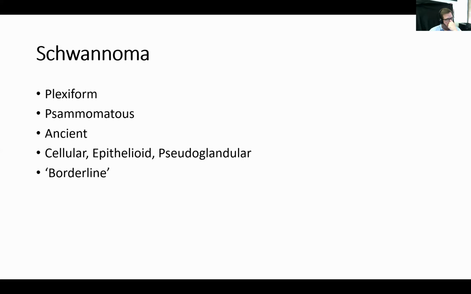So schwannoma, limbs of adults. The question is, does this have axons in it or not? There's kind of an ancient idea that they didn't have axons, but I think immunohistochemistry has changed that concept somewhat.